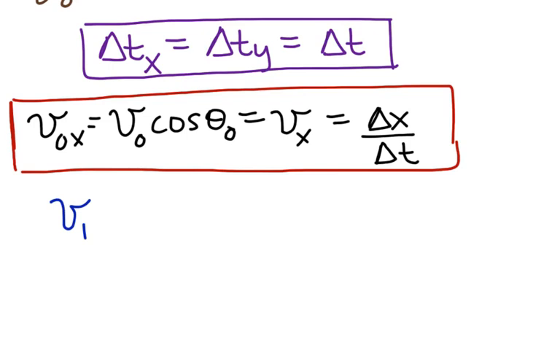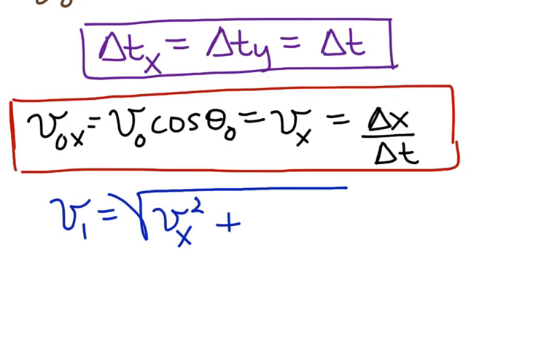Well, if I could know what the velocity was for object 1 in the y direction, and I knew the velocity of object 1 in the x direction, I can use my vector math to find that. So it turns out that's equal to the square root of my velocity 1 in the x direction, which was just velocity x, because velocity x is the same everywhere. We're going to square that, plus my velocity 1 in the y direction.